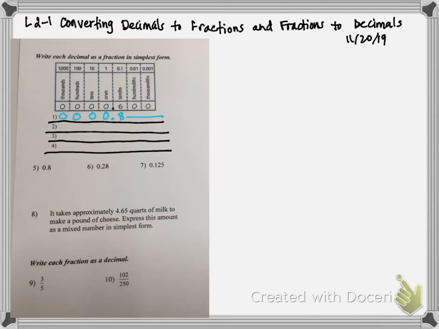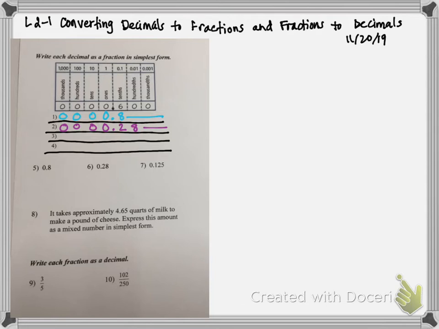Number 6 is 28 hundredths. So there's no whole numbers, and there's a 2 and an 8, with the 8 in the hundredths column and the 2 in the tenths column. And again, no tens, no hundreds, no thousands, and nothing that comes after that. And again, I would just write this as 0.28. Okay? Look at number 7.